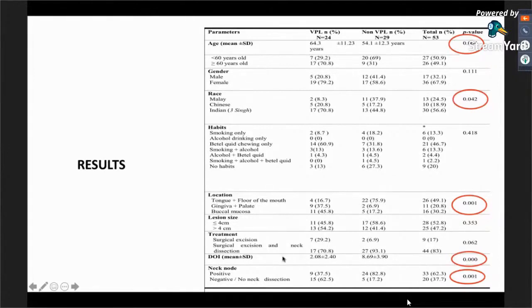And when we looked at the depth of invasion, there is a larger depth of invasion in non-verrucopapillary, and looking into neck nodes is a higher percentage of positive neck nodes in the non-verrucopapillary lesion. So you actually can see there is a major difference between malignant verrucopapillary lesion and non-verrucopapillary lesion.